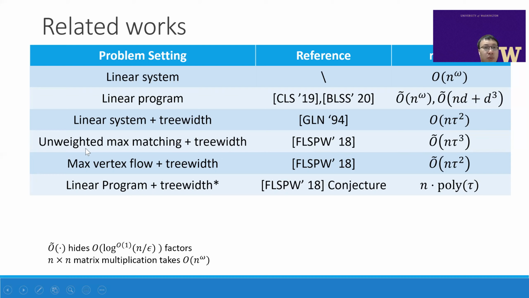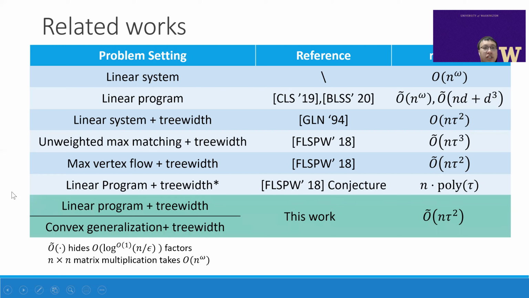For example, the unweighted max matching and the max vertex flow can be solved in n times tau cubed and n tau square time. And in their paper, they conjecture that the linear program can be solved in n times poly tau time, even though their notion of treewidth for the linear program is slightly different from ours. And in the next slide, we will explain why we think our notion of treewidth is a natural one.